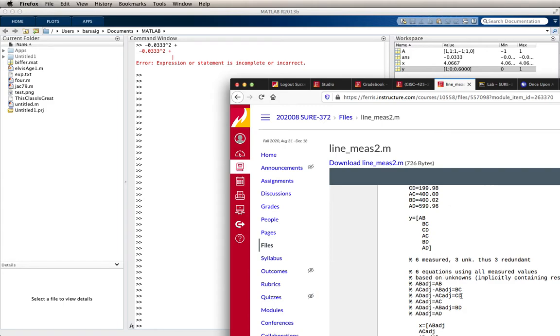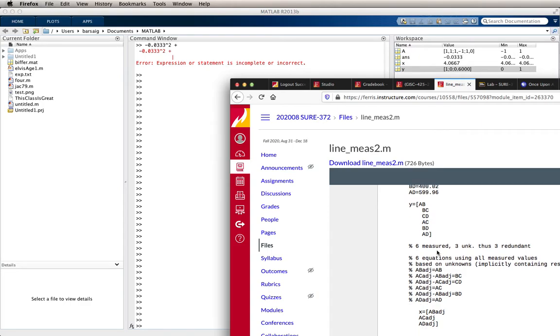So our y vector is going to be the vector of the knowns. It's just going to be our measured values, AB, BC, CD, AC, BD, and AD. Our x vector is our vector of the unknowns, and that's going to be AB adjusted, AC adjusted, and AD adjusted.